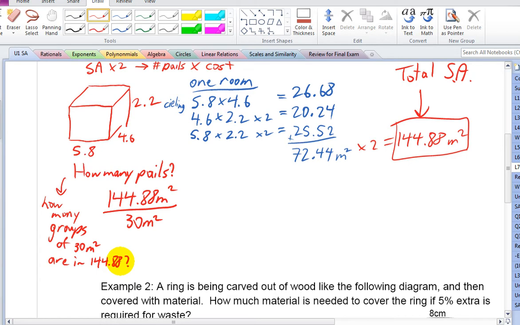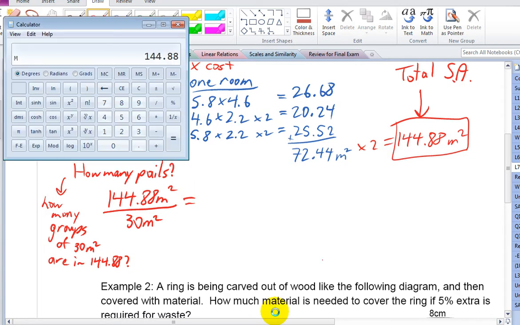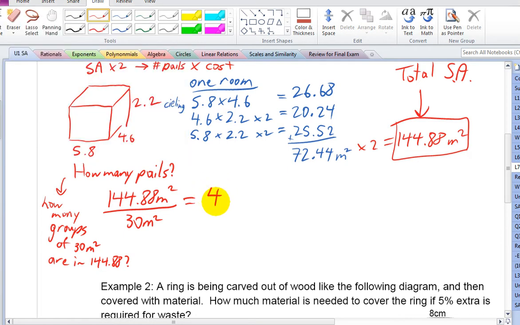That's what we learned how to answer back in grade 4. You know, how many groups of 3 are in 12? How many groups of 7 are in 56? And so we simply divide. And we get 4.829 pails. So we need 4.829 pails.